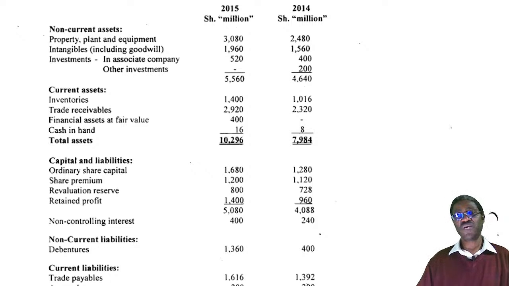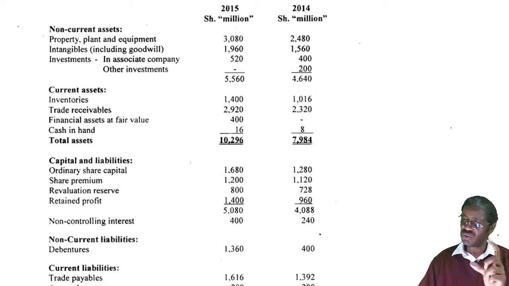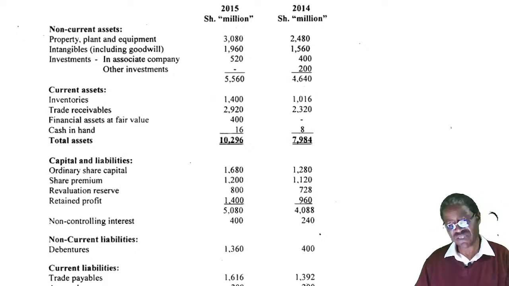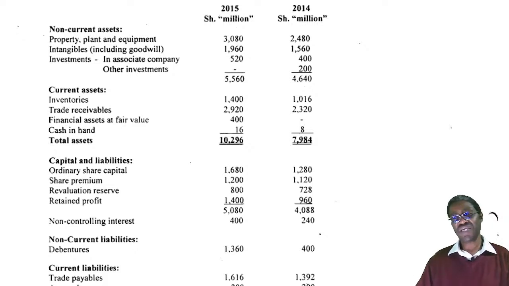If you look at the balance sheet last year, 2014, cash and cash equivalent is among the current assets. I told you that a financial asset is a cash equivalent. Last year, it's a dash. For cash, 8 million.